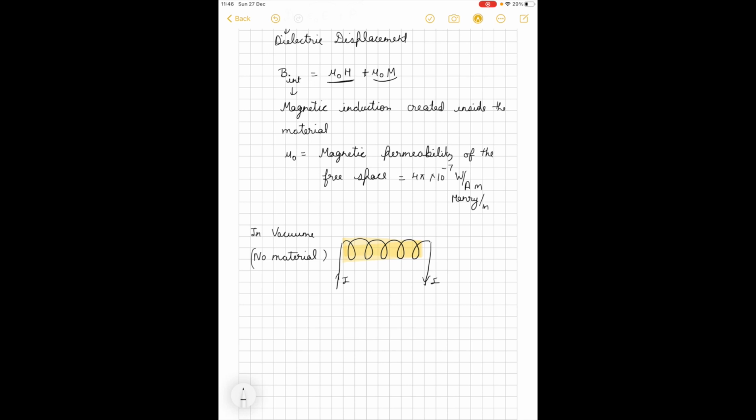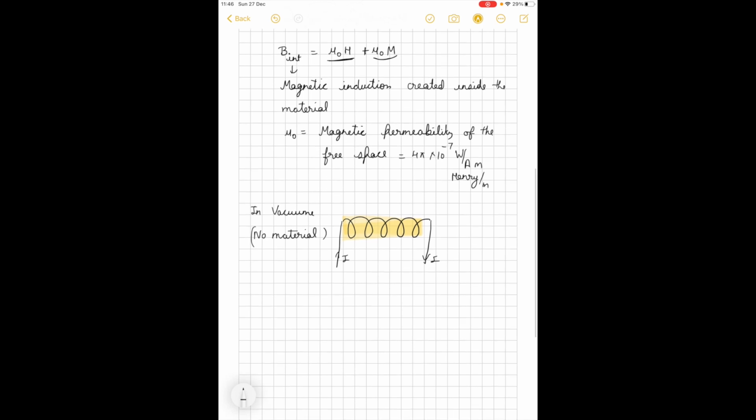In this case the magnetization will be zero, right? So the mu naught M part will be zero. Hence the B internal will be equal to mu naught H, meaning whatever you apply externally is going to be your internal magnetic induction. I can also say this is our B naught because it's for free space, so we can just ignore the subscript int.